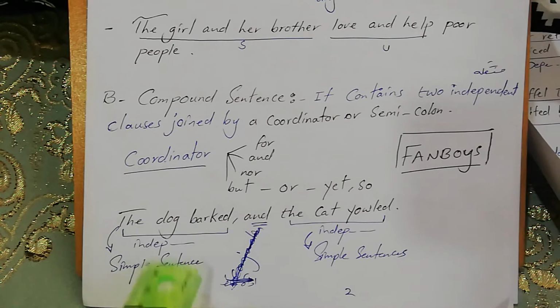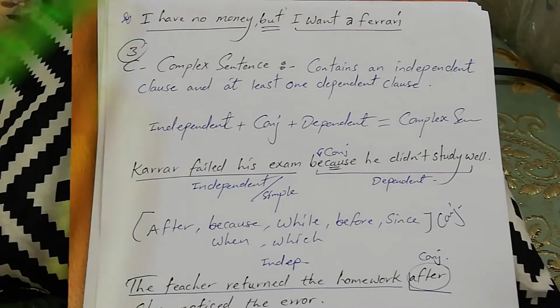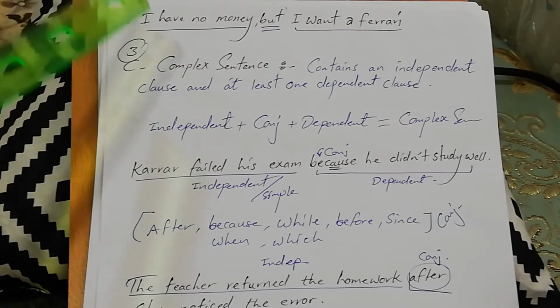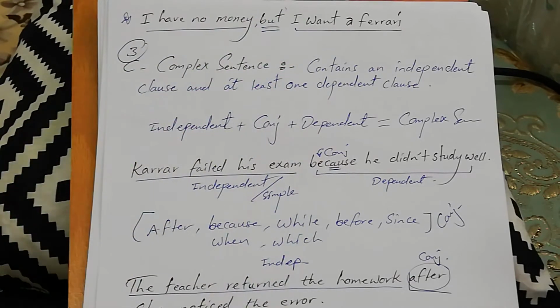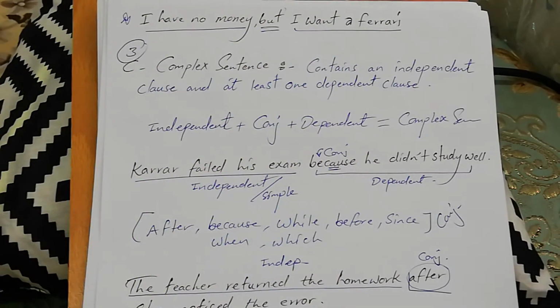Here we have a simple sentence and here it is a simple sentence. Look at this example: I have no money but I want a Ferrari. أنا ما عندي فلوس لكن أريد أشتري a Ferrari، سيارة. Does not make any sense. Look, joined by a coordinator and both of them are independent.